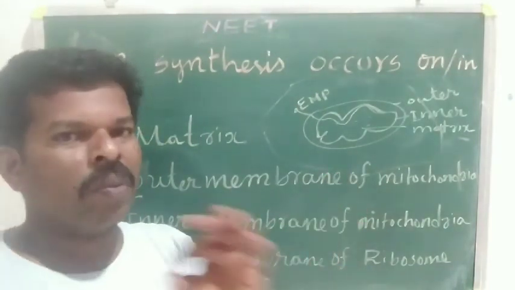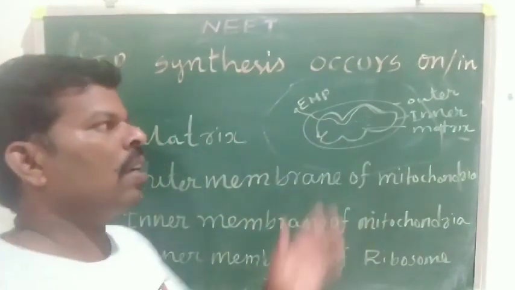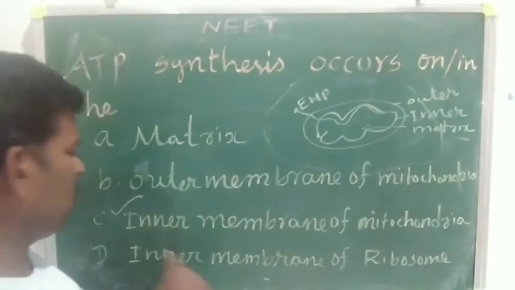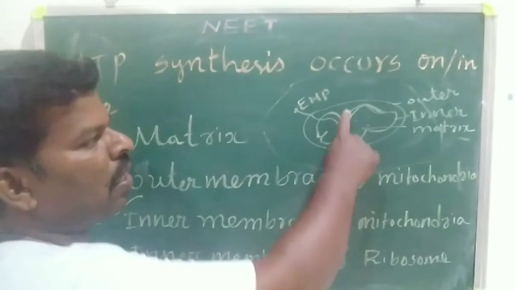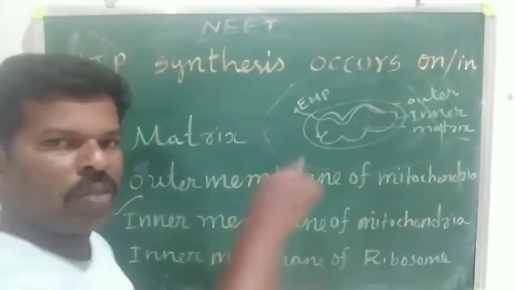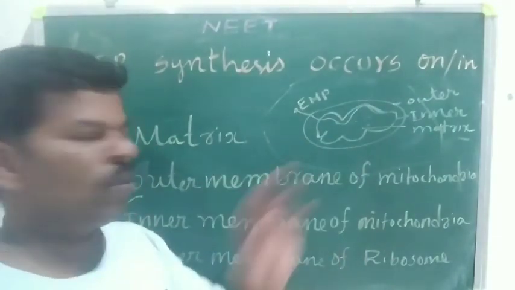The question will ask this only. So the answer is most of the ATP is produced in the inner membrane of mitochondria, not the outer membrane. This is the outer membrane, and this is the inner membrane. The inner membrane produces a lot of ATP. That's very, very important, one of the NEET questions.